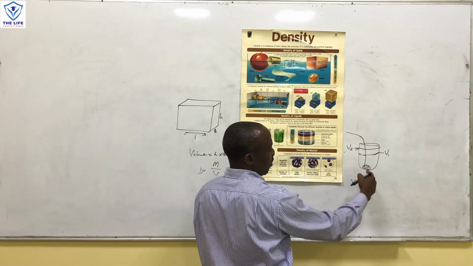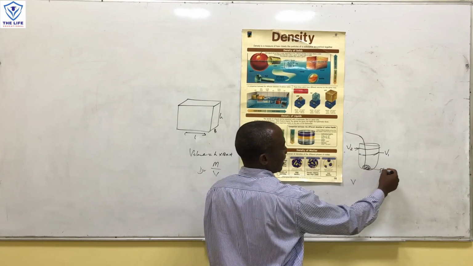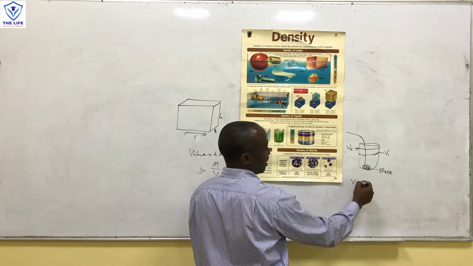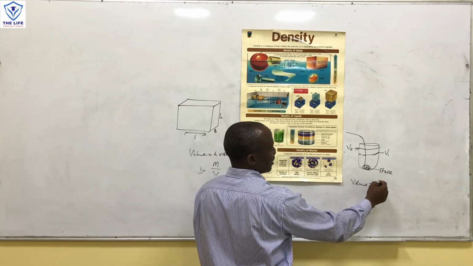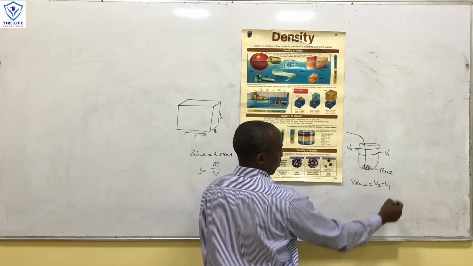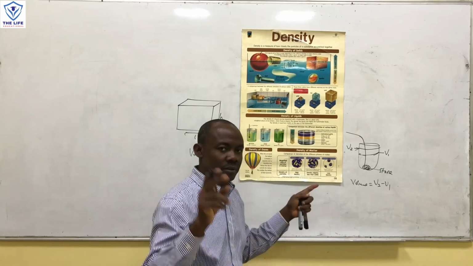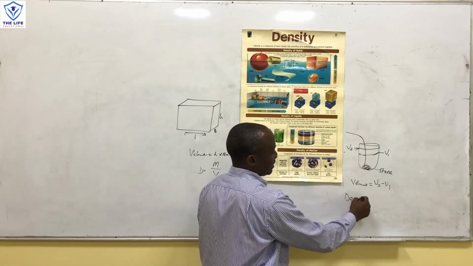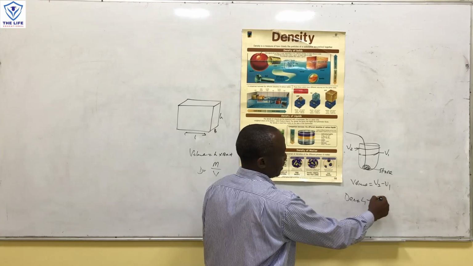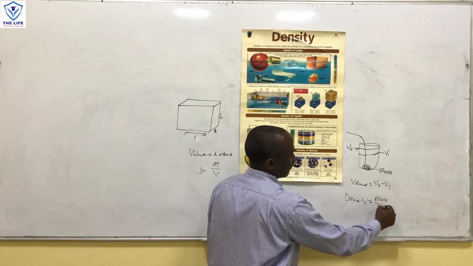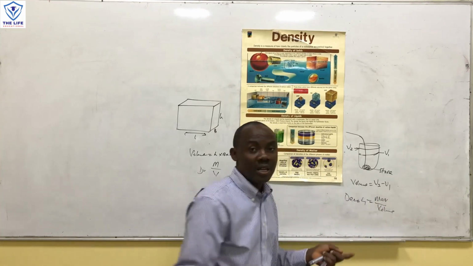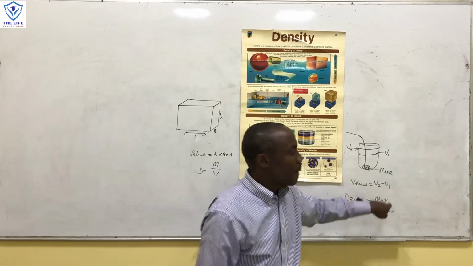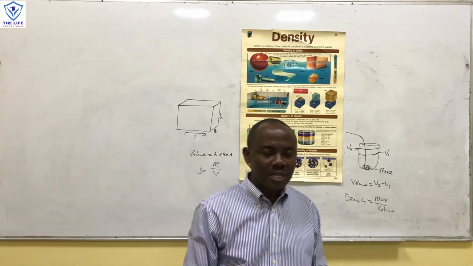The volume of the stone is V2 minus V1. You have determined the mass, and you get the density, which is mass divided by volume. That's how to determine the density of an irregular object.